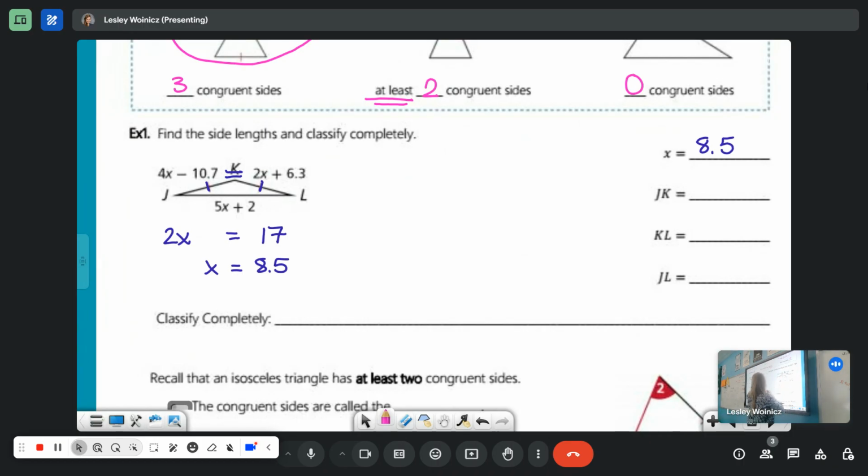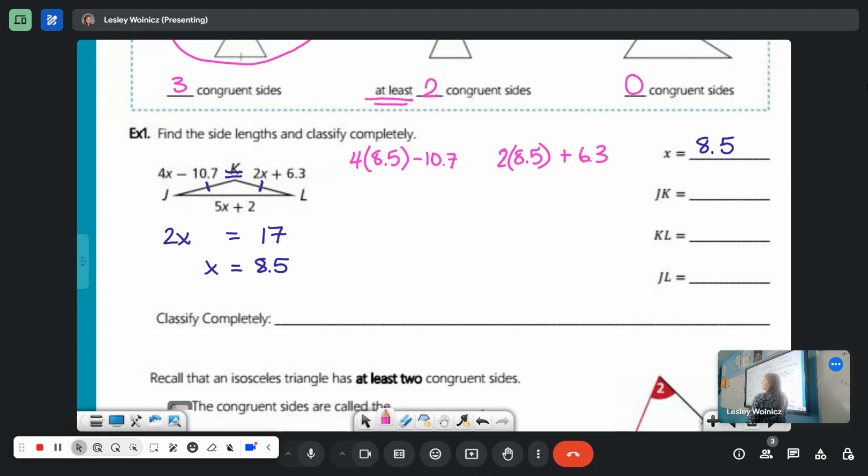Well, let's do them both and make sure we get the same thing. So 4 times 8.5 minus 10.7, and we'll also have 2 times 8.5, I'm just substituting in, plus 6.3. And if our answer is correct, we should get the same thing for both of those.